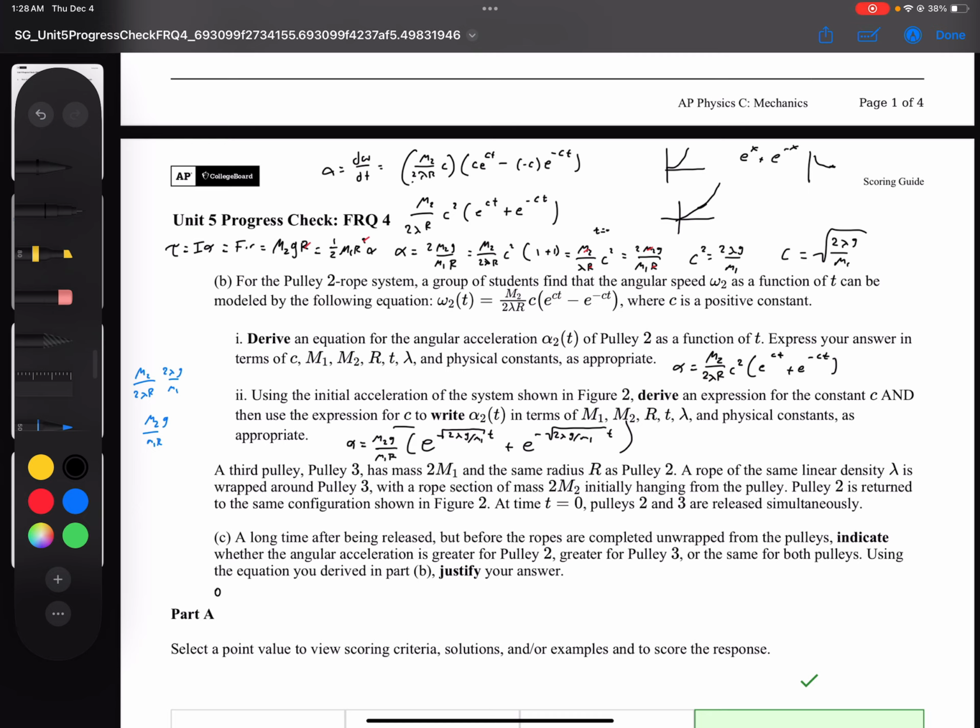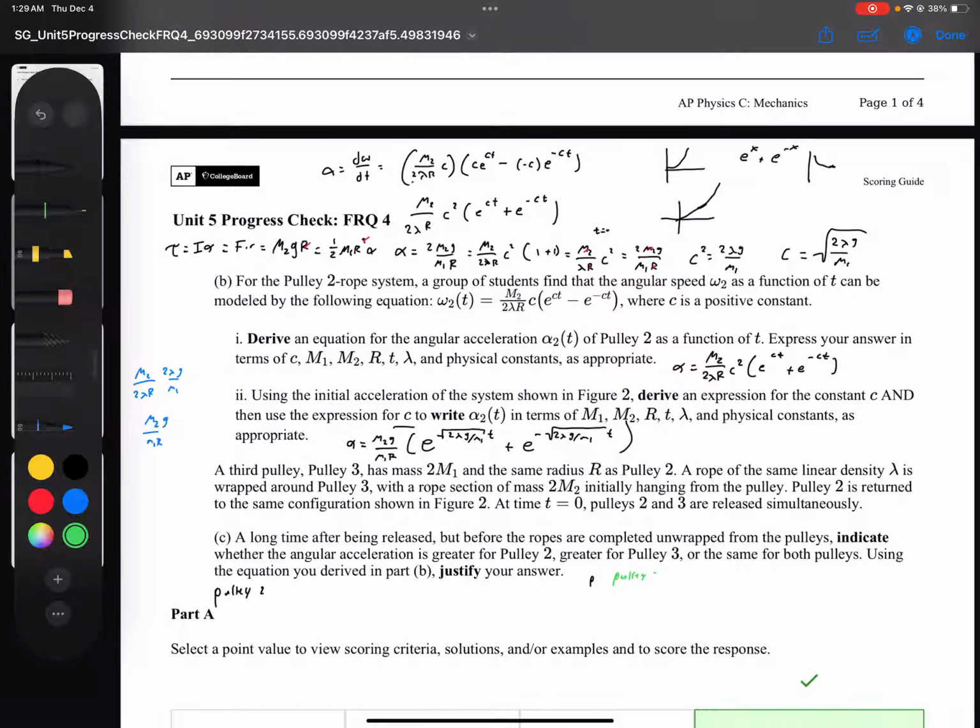For pulley 2, the expression that we have is m2g over m1r, and so on. Now, let's write it for pulley 3. Let me use a different color for pulley 3.